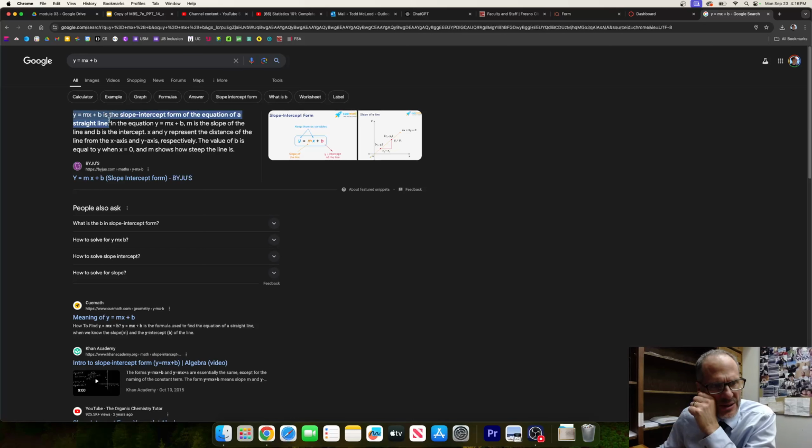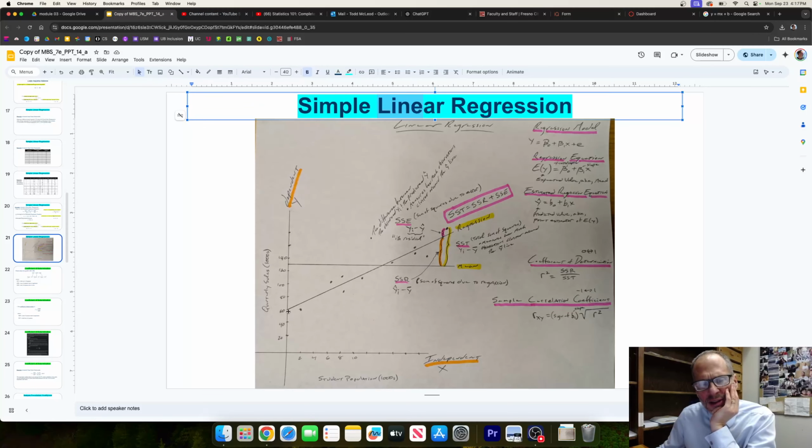I'm not sure when that's taught, maybe algebra, it's been a while. But if you remember that y equals mx plus b, slope intercept form of an equation for a straight line, that's what we have here. We have a straight line, and that straight line is using y equals mx plus b.